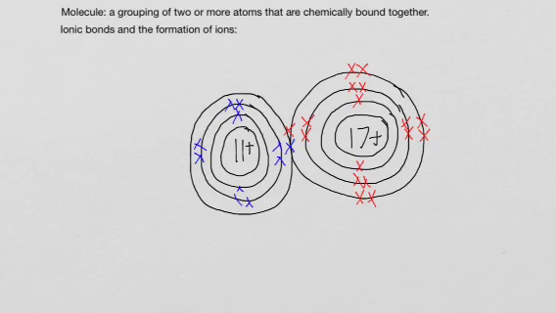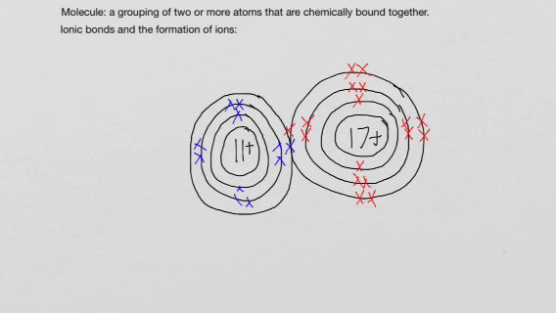Now, what ends up happening here in an ionic bond is when this molecule breaks up, when it splits apart, you don't take your electrons with you.